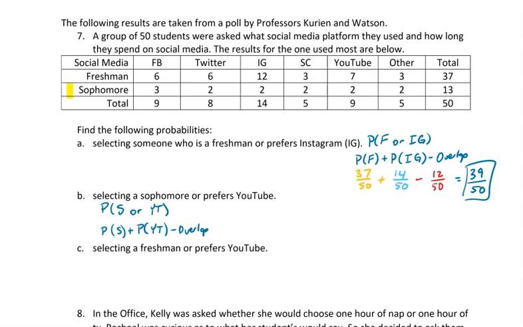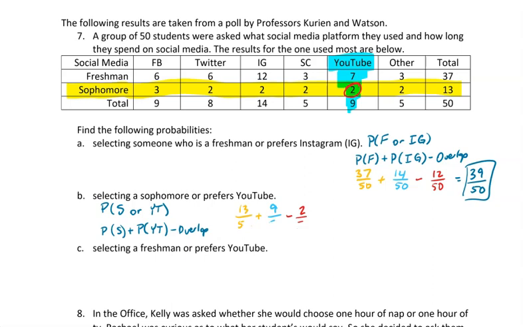All right, for sophomore, there are 13 sophomores, so that's 13 out of 52, plus for YouTube, there's 9 total people who preferred YouTube, so that's plus 9 out of 52, minus there was 2 people that were in the YouTube column and the sophomore row, which means there's 2 people in the overlap.